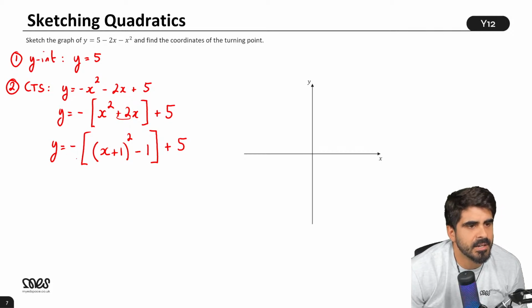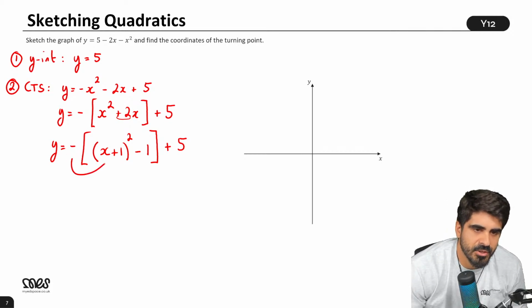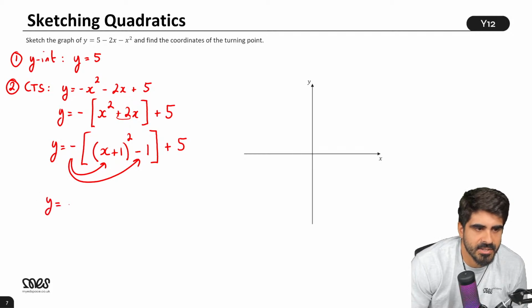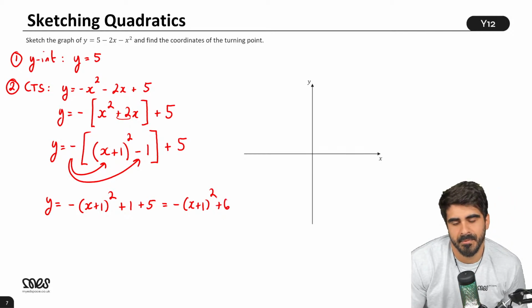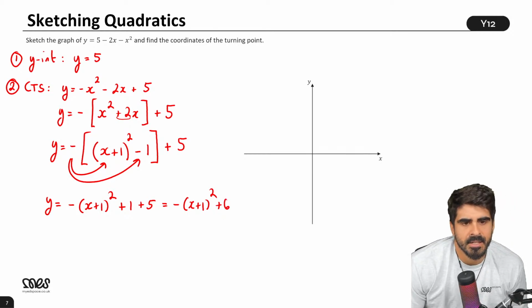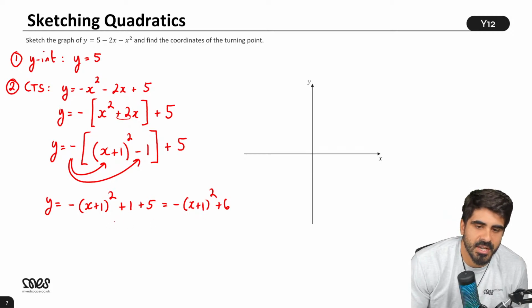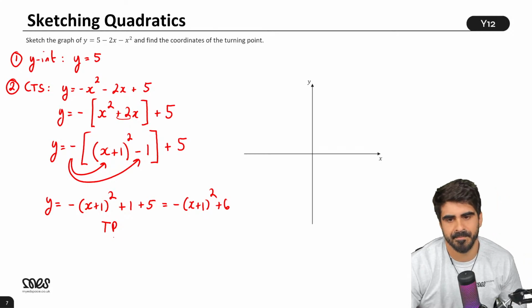All right, so here we're going to expand those brackets. So y is negative x plus 1 squared. The negative of negative 1 is plus 1, plus 5. So we have minus x plus 1 squared plus 6. Okay, nice. Now from there, guys, it's still the same thing. What is your turning point? Where is your turning point?